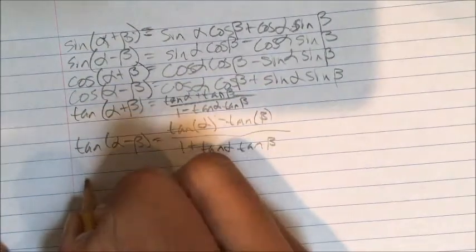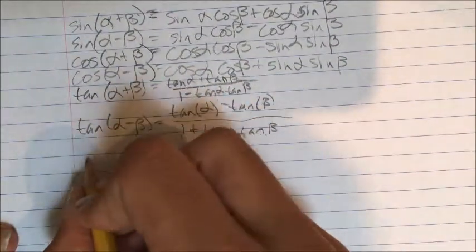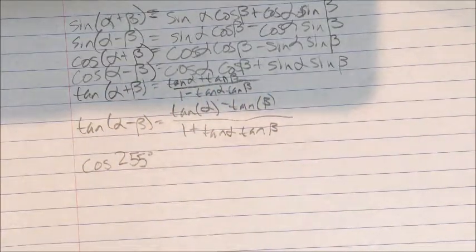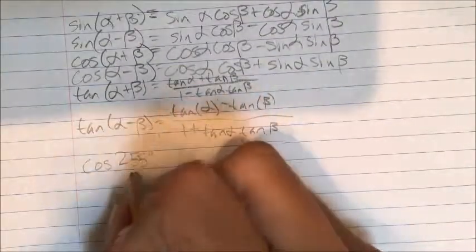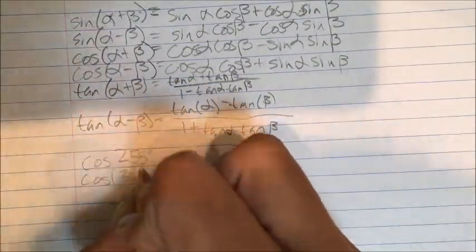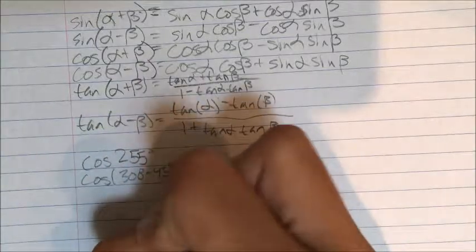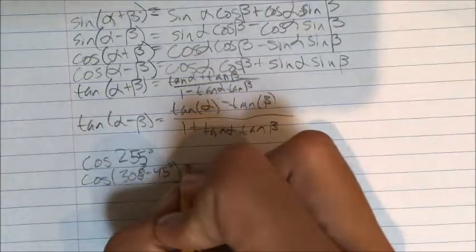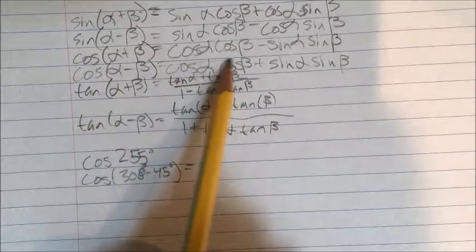So let's just do an example problem. So let's say they ask you, what is cosine of 255, without using a calculator, find the exact value. So the way we can do this is we can break up 255 into 300 minus 45. 300 minus 45 is equal to 255. And we can use the subtraction identity for cosine.